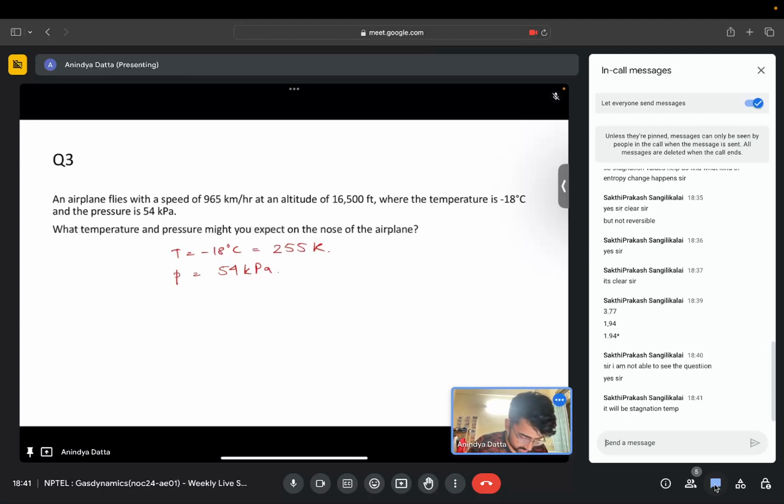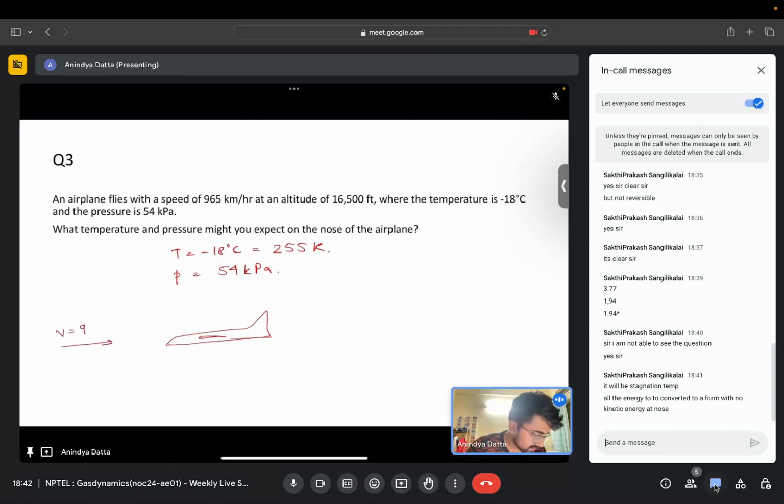So let's just draw a schematic of the airplane. Let's say we are looking at the frame attached to the airplane, so we have this flow coming, so V is 965 kilometer per hour.